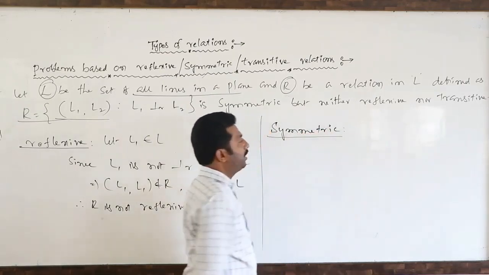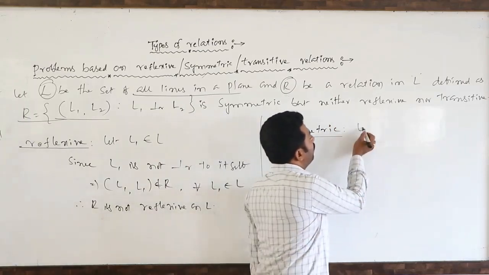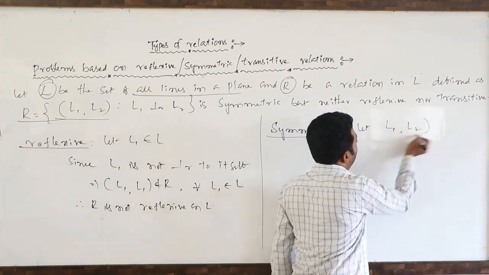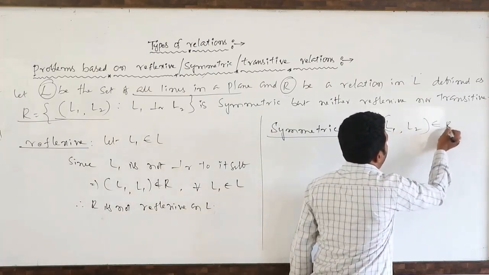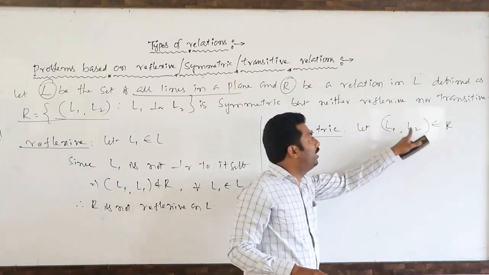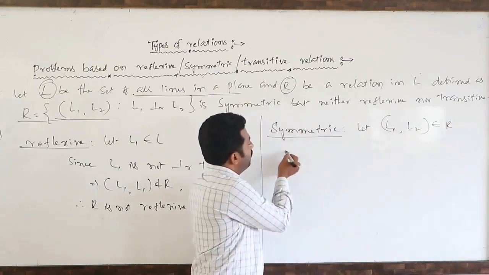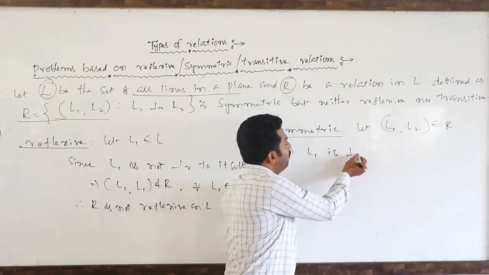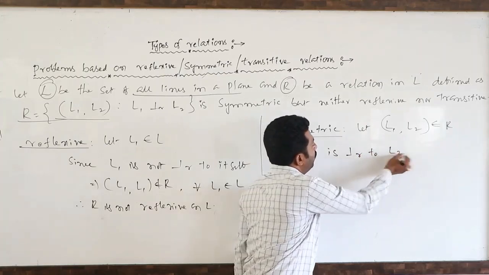Capital R is symmetric or not. How to check symmetry? One pair we have to consider. Let L1 comma L2 belong to capital R. What is our assumption? There is a relation between L1 and L2, which means L1 is perpendicular to L2.